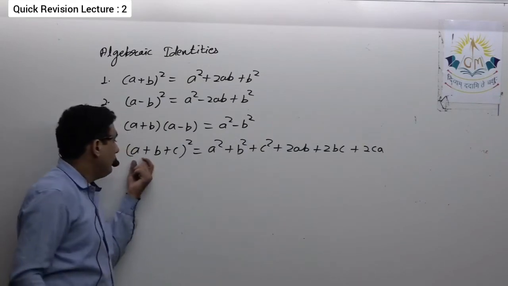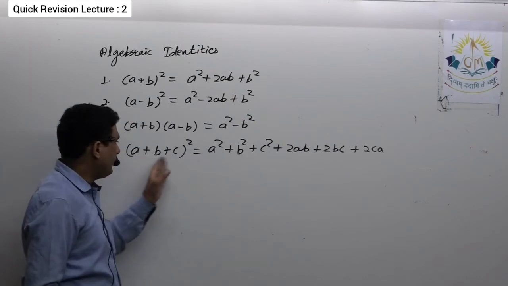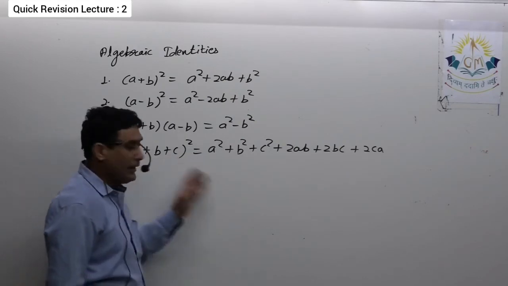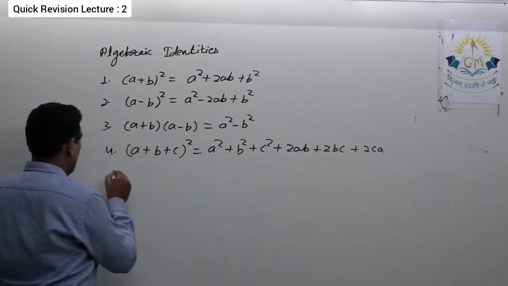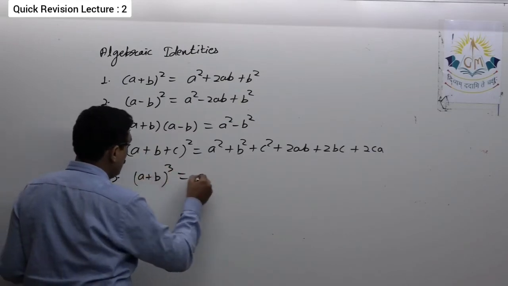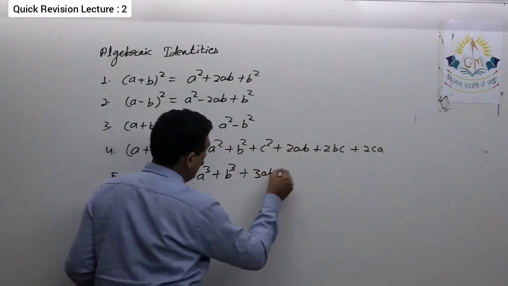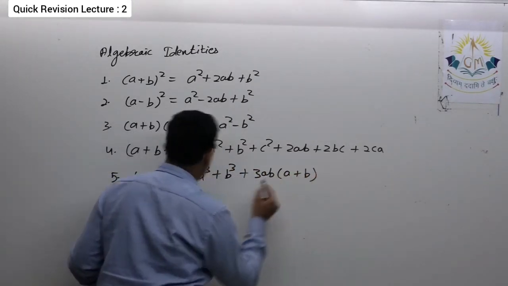Now of this particular identity there are 7 more variations, depending on the signs of a, b and c. Now next is a plus b whole cube, that is a cube plus b cube plus 3ab into a plus b.